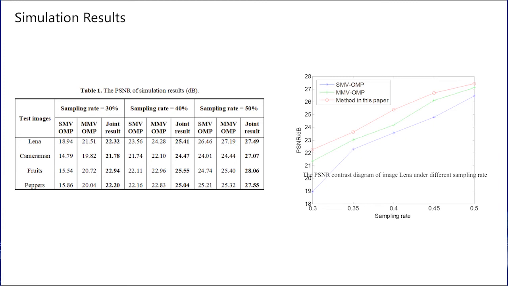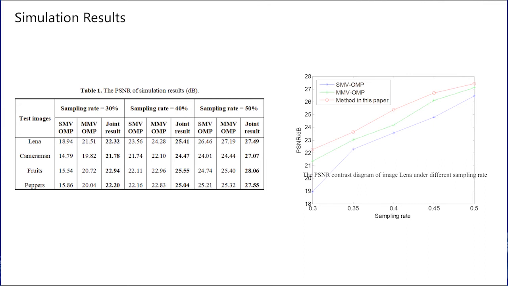From Table 1, it can be seen that the reconstruction quality of all algorithms improves with the increase of sampling rate, and we can conclude that under the same simulation conditions, the joint reconstruction images in this method provide higher PSNR than the images reconstructed by the SMV OMP and MMV OMP algorithms.